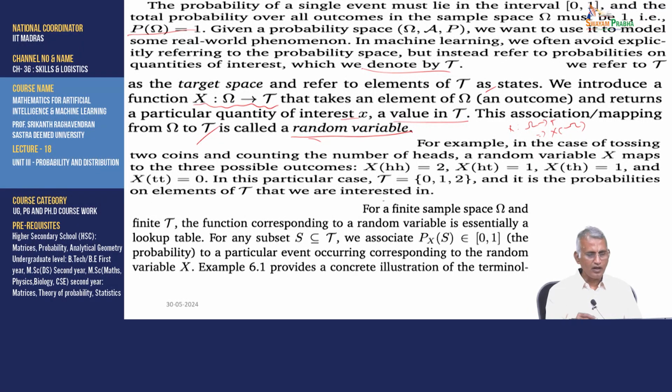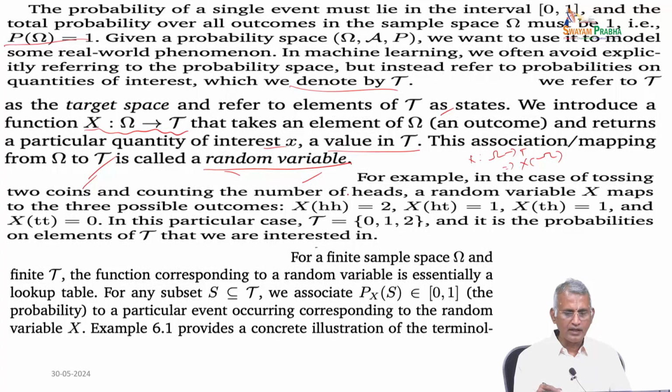In the case of tossing two coins, counting the number of heads, the random variable X maps the possible outcomes, either head head, head tail, tail head or tail tail. So X of HH is 2 heads, X of HT is 1 head, X of TH is 1 head, and X of TT is no head, therefore 0.